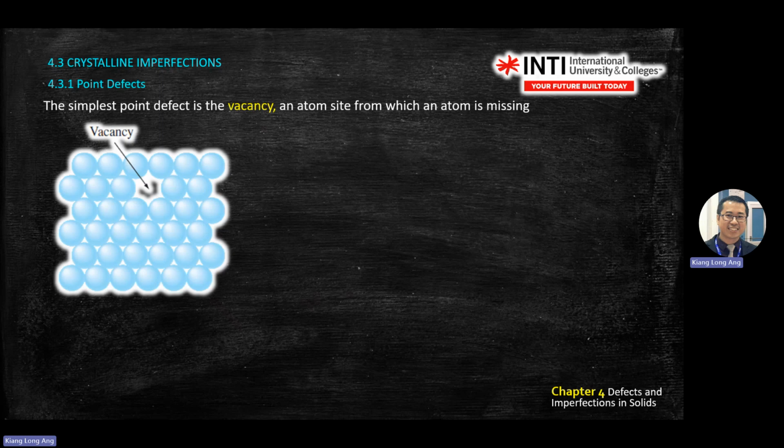Okay, point defect. Point defect is actually what we call a hole, but in engineering materials we call it vacancy. Don't use hole in your answer. Use vacancy to represent that there is a missing atom or missing sphere at that space, at that plane. So the first is called point defect, where we give a name called vacancy, meaning something is missing in that position, or one atom is missing.